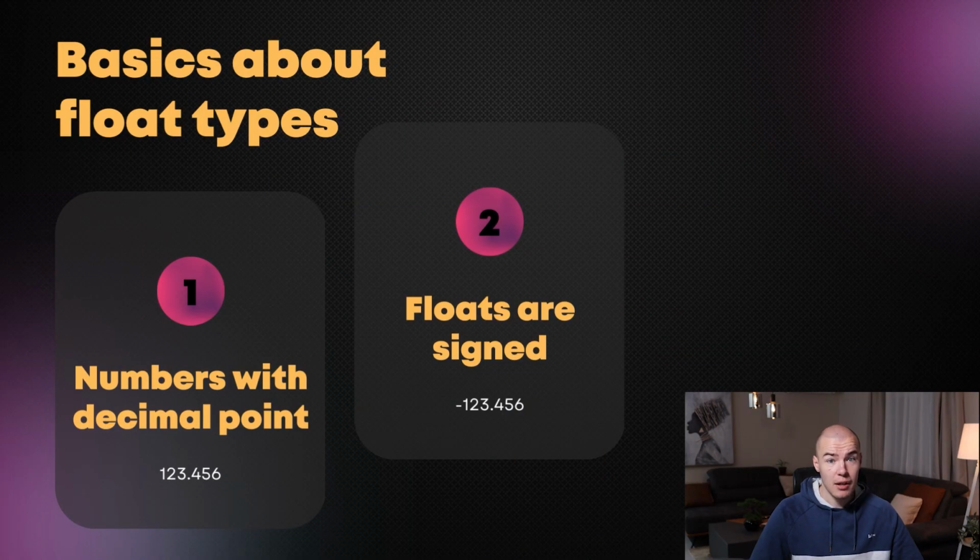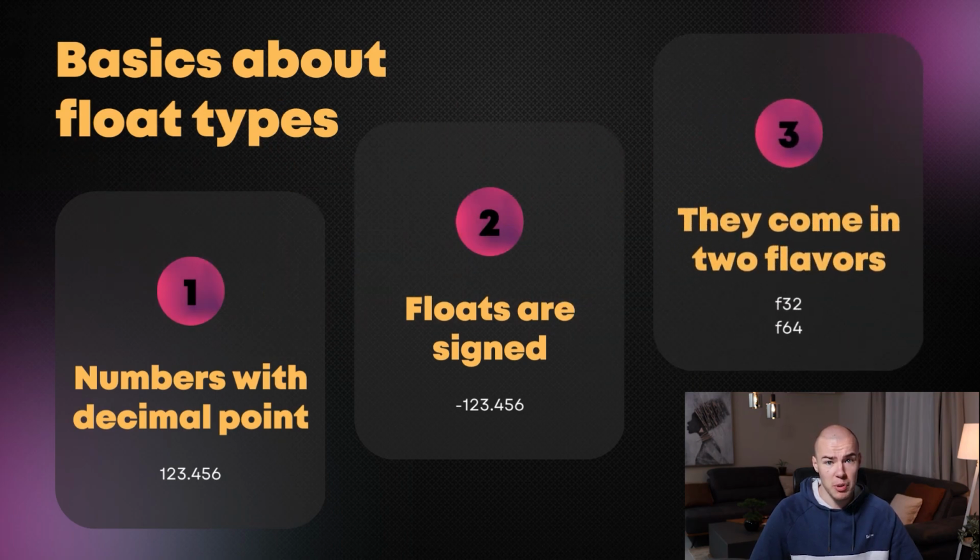And finally, floating point numbers come in 2 main flavors in Rust. We have a 32-bit option and also a 64-bit option. And you're the only person that's going to decide which one you want to use.